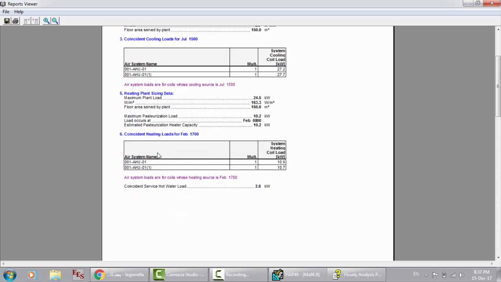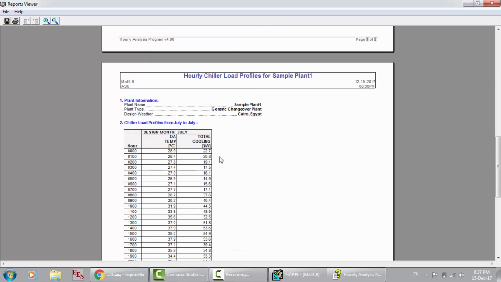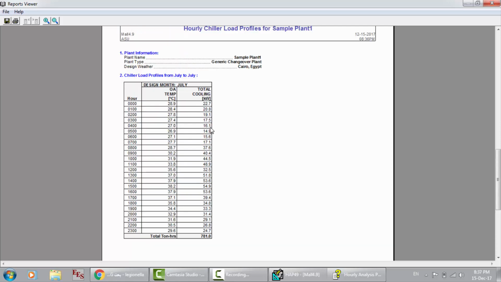Okay, and here the coincident heating loads for February. Okay, and here the coincident service hot water load, 2.8 kilowatt. And here are the hourly chiller load profiles from July to July. Okay.